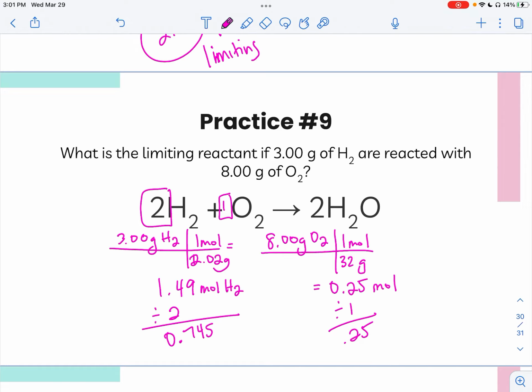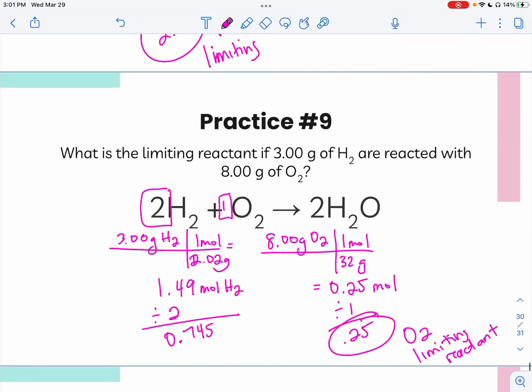So now I just have to see what's my smallest number. My smallest number is the 0.25. So that means oxygen is the limiting reactant, right? I'm going to run out of that after only about a quarter, 0.25, of my reaction has taken place. I only have enough oxygen to get about a quarter of the way through my reaction, whereas for hydrogen, I have almost a whole reaction ready to go.